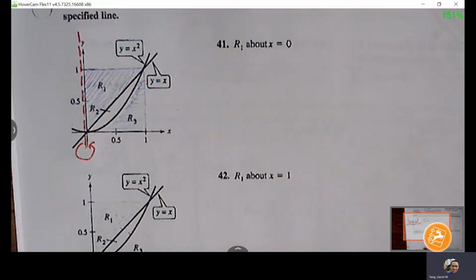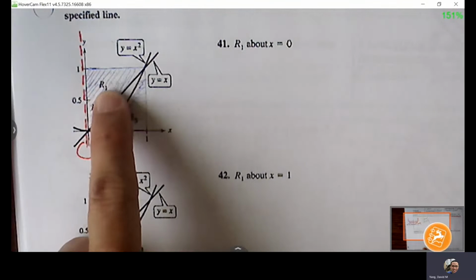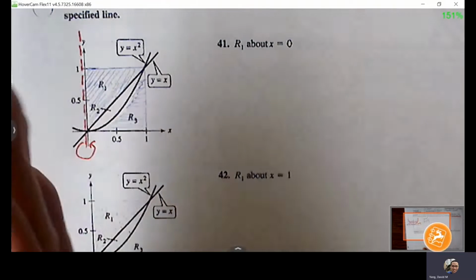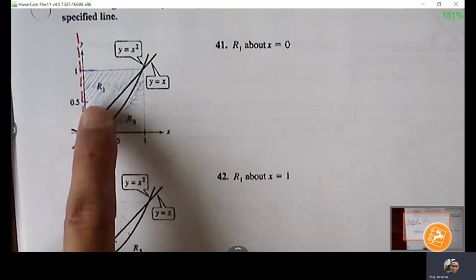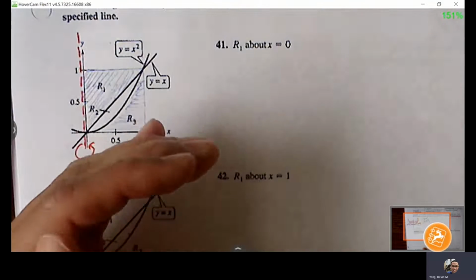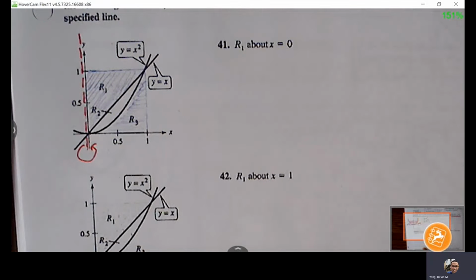It's disk method, because that dotted line is up against the flat surface of this blue region. It's touching every part of that blue region. If it's only touching at one point because it's a curve, then it's going to be washer method. Or if you see any sort of a gap, it's going to be washer method. But if you see the flat surface with that dotted line, it's going to be disk method.